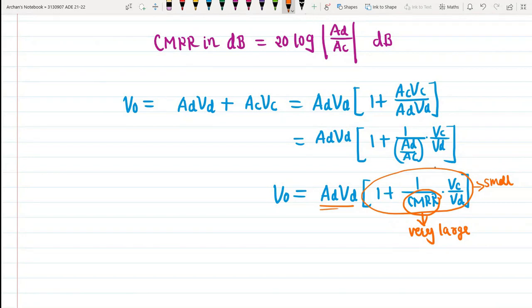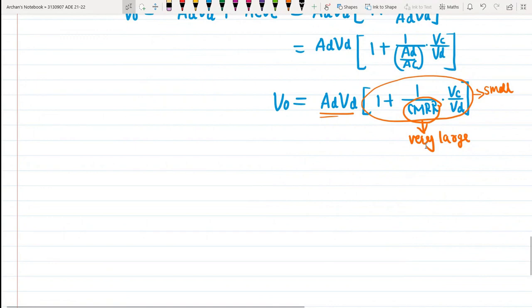Okay, so now talking about the features which are offered by this amplifier, right? So let us talk about some features of differential amplifier.